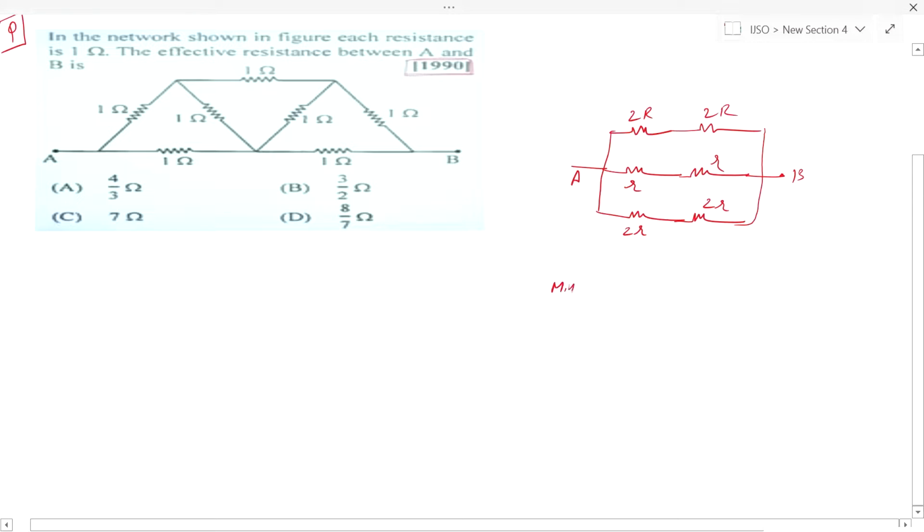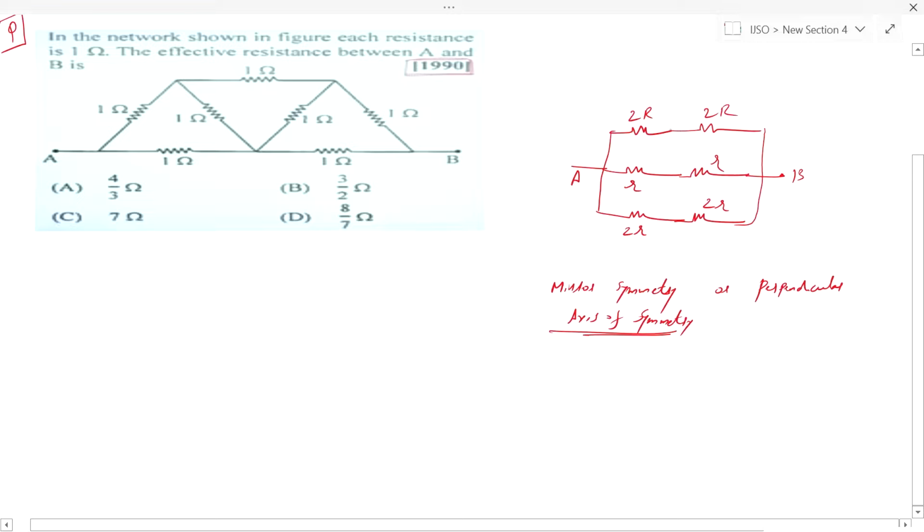This is mirror symmetry, or perpendicular axis of symmetry. Do you know this concept? No. So this is a new concept to solve circuits. You can do it this way also. So pay attention to what happens.